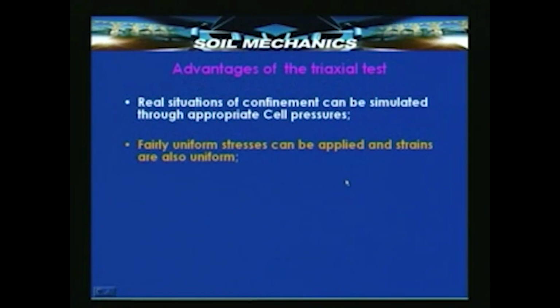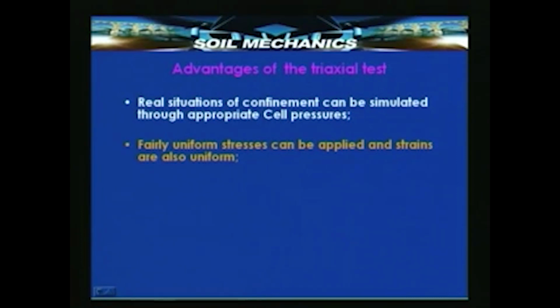Then the manner in which the pressures are applied here gives us the facility to have fairly uniform stresses inside the specimen. In the direct shear test, if you compare, as the specimen deforms, you will find that the area over which the normal stress is acting goes on changing.